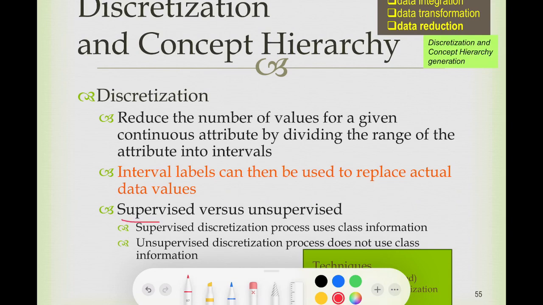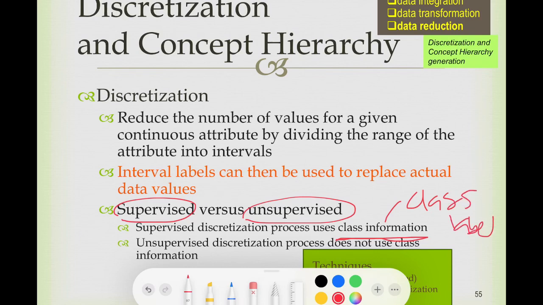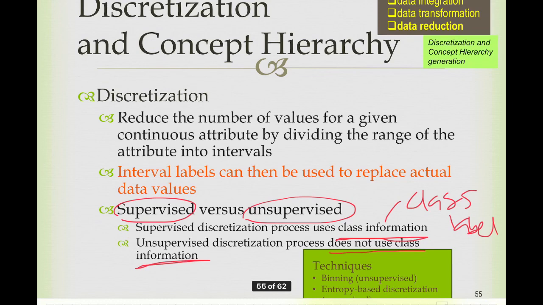So, in discretization, there are 2 methods. One is supervised, one is unsupervised. In supervised, you are going to use the class information, usually if you have this class label. But in unsupervised discretization, it does not use the class information.